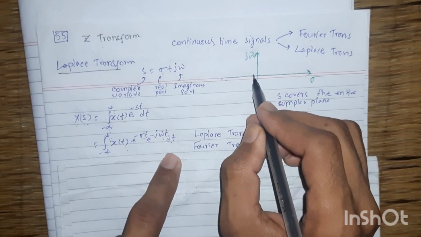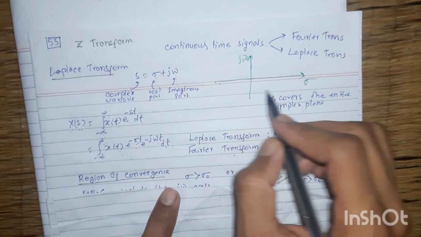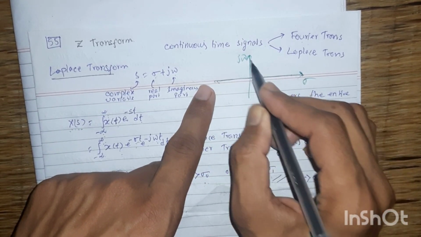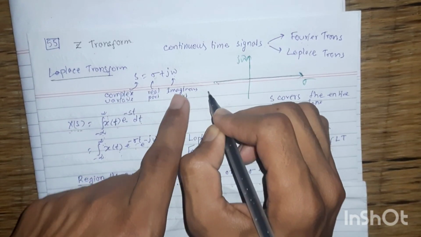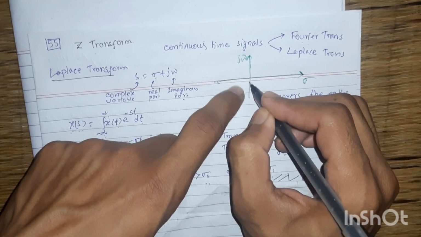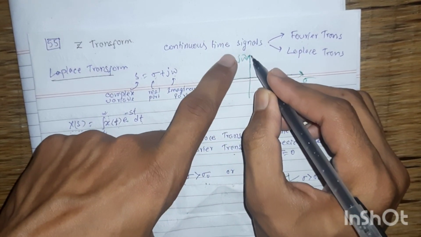In case of Laplace transform, our ROC or region of convergence was the complete real axis and complete imaginary axis. At the real axis, we can go from minus infinity to positive infinity. Also, at the imaginary axis, we can go from minus infinity to plus infinity.